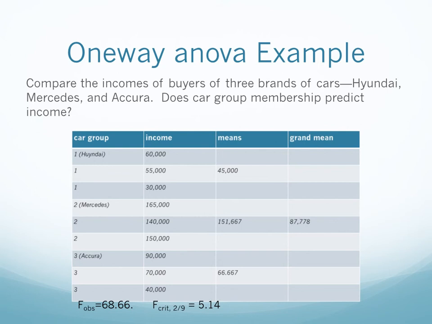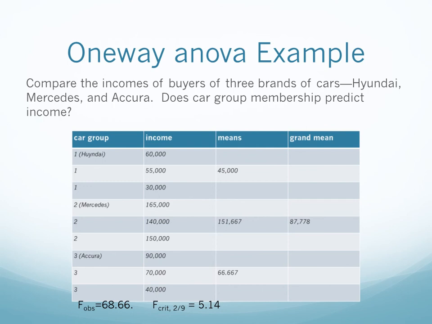And since the observed f is greater than the critical f, we can conclude that there is a statistically significant difference in the incomes depending on which car they purchase. So again, we do not know that the income of Mercedes owners is statistically significantly higher than the income of Acura, although I would presume that that is the case.